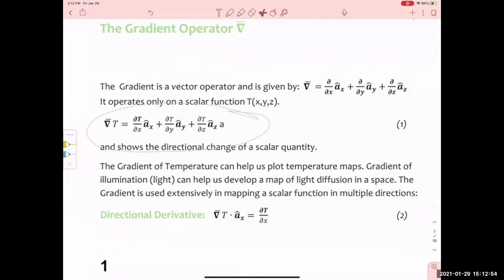And what does it do, as a matter of fact? It has, as elements of this vector, as components of this vector, the derivative of that scalar along that specific direction.